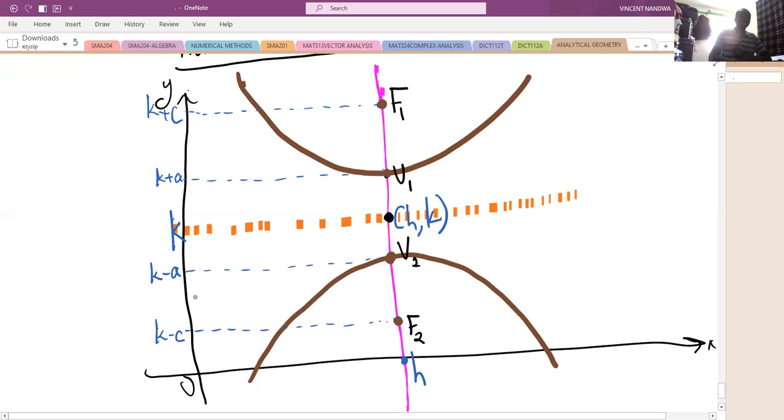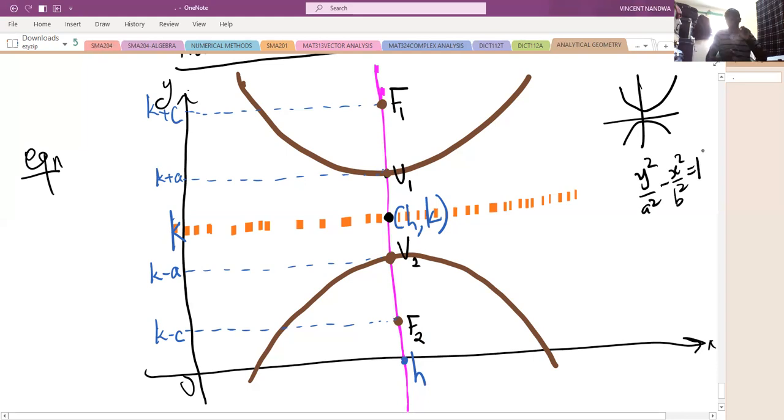So the first thing is the equation of the hyperbola of this nature. So it will take the same structure as what we did for the case when the transverse axis was the y-axis and the center was 0, 0. We saw that the equation was y squared over a squared minus x squared over b squared equals 1. So the equation is going to be the same, but with shift of h units in the x and shift of k units in y.